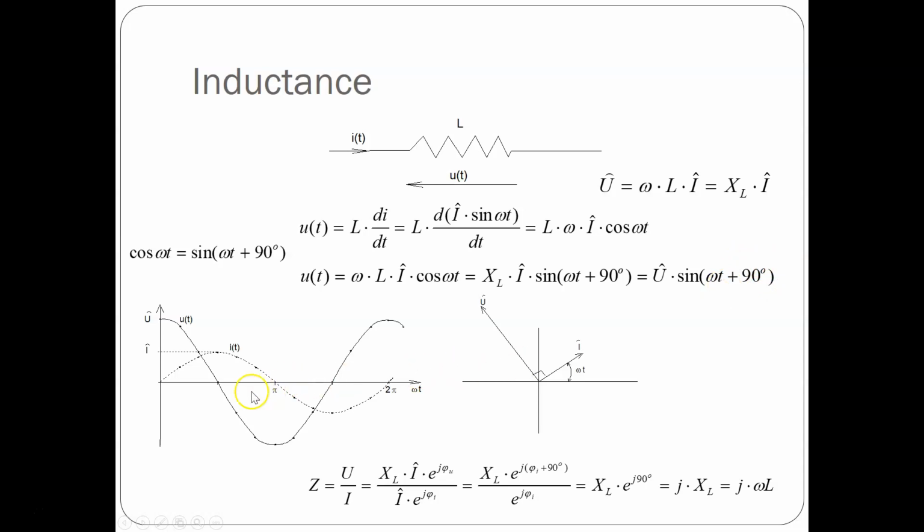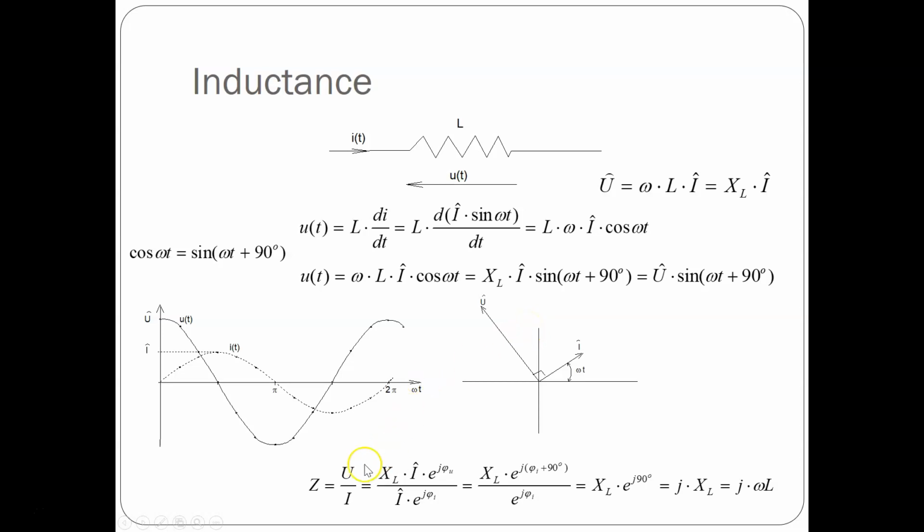And you can see here that in the inductance the voltage is actually leading the current, and you can see the voltage is coming down, hitting this axis before the current, by 90 degrees. And in vector format it looks like this, and we have the positive direction rotating this way.